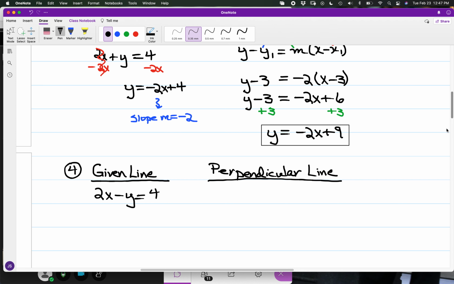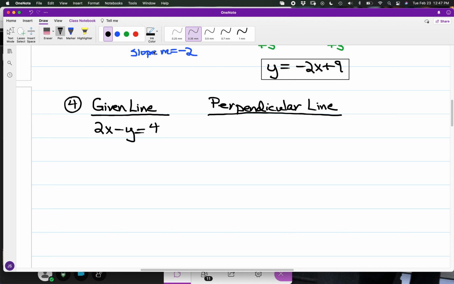In determining the slope of the given line, I'm going to put what I have here in terms of the slope-intercept form, so getting the y term by itself. Taking 2x away from both sides, I have that negative y is equal to negative 2x plus 4. Then changing the left-hand side from negative y to positive y, I can either multiply or divide all the terms by negative 1.